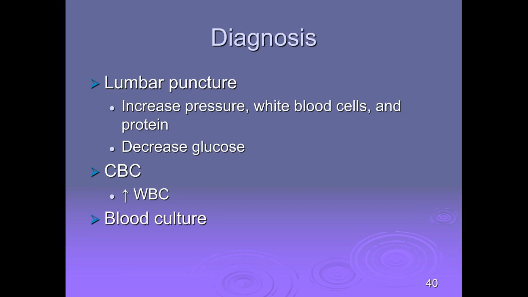When the result came back, I want to say it was like 46. And so she knew some calculation that your CSF glucose should be about 2/3 of your blood glucose.